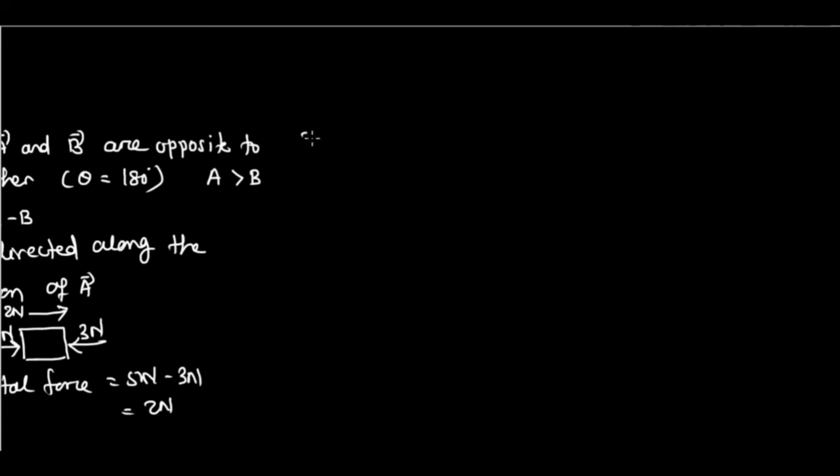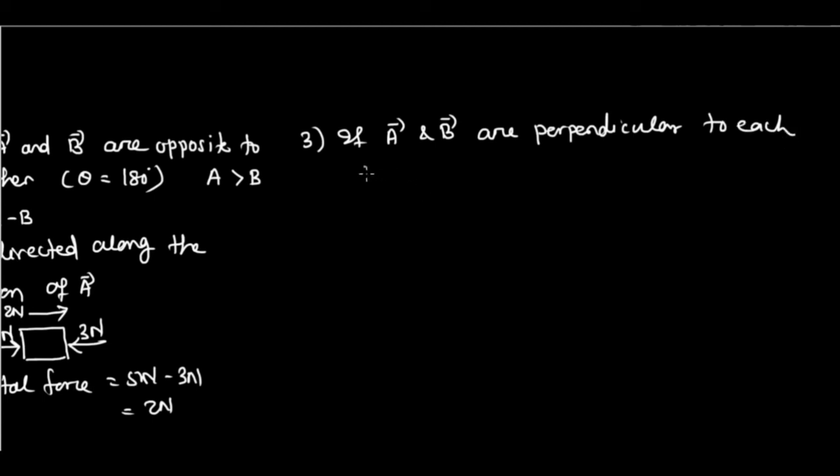And then we have discussed the third case, that is if A vector and B vector are perpendicular to each other, then what is theta? Theta will be equal to 90 degree. So the magnitude of resultant vector will be square root of A square plus B square.